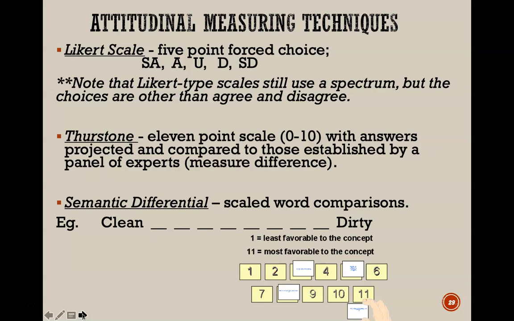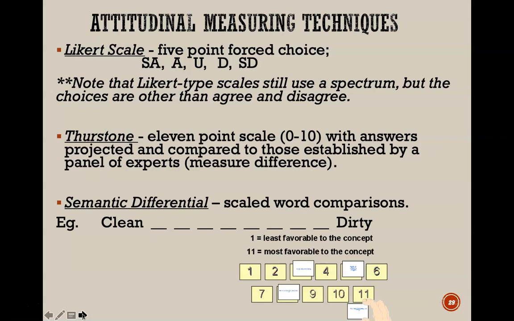You see that they still use a spectrum, but the choices are other than just agree and disagree. So sometimes, they can even be more spread out than this, but usually it's a 5-point scale. There's also something called the Thurstone scale, which has 11 points. And you probably are familiar with this. They'll say rate your comments on this.